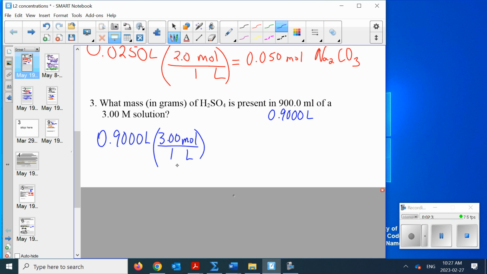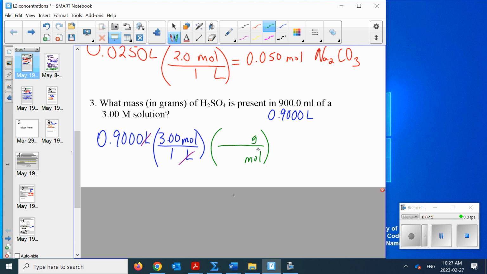Now, if you want to do that and write out your answer, go ahead. However, if you know, all I'm going to do is take my mole answer and write the rest. After that, I want to convert moles, get rid of them, and get grams.